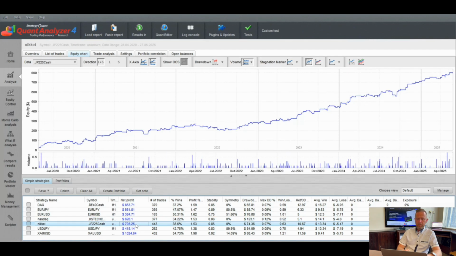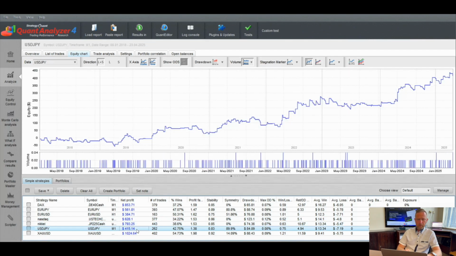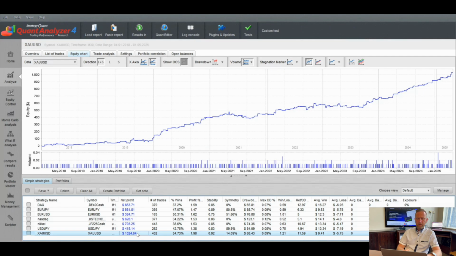This is what the Nikkei index looks like. This is what the dollar-yen currency pair looks like. And this is what equity for gold looks like. It can be seen that this year, thanks to volatility, gold is doing quite well.